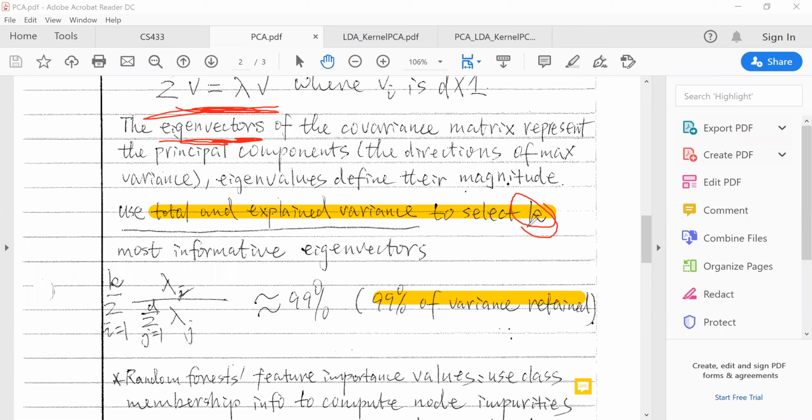How do we pick k eigenvectors, when the total number of features is d? So k is less than or equal to d. But generally speaking, because we care about reduction, you want to do dimension reduction, so k is generally less than d. That's your goal.